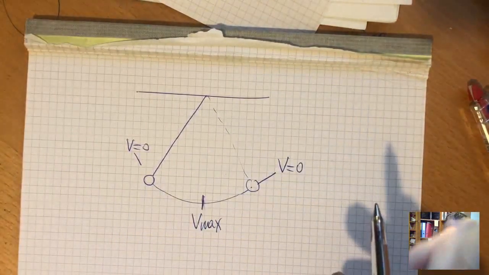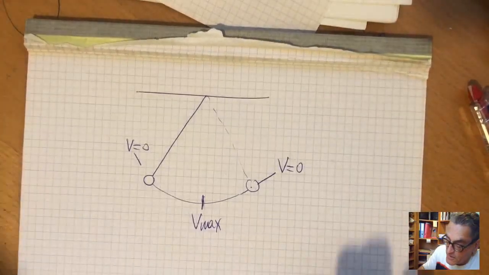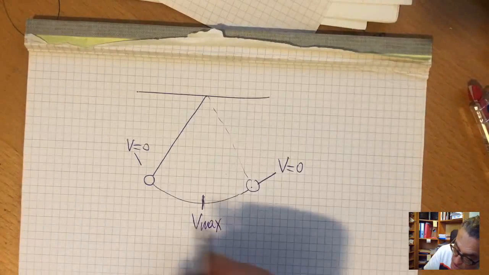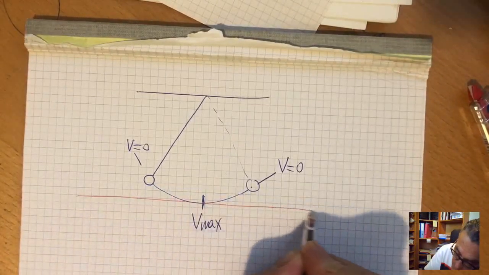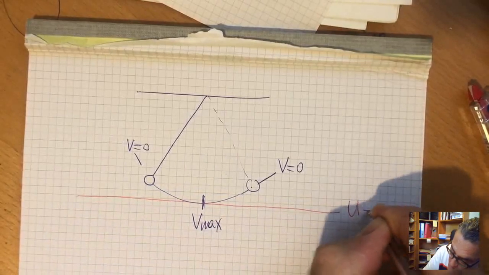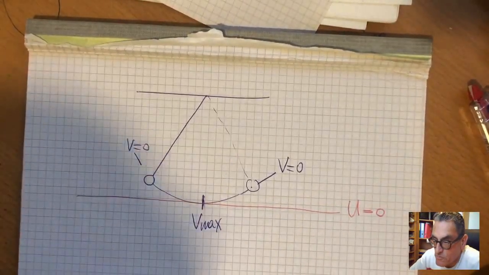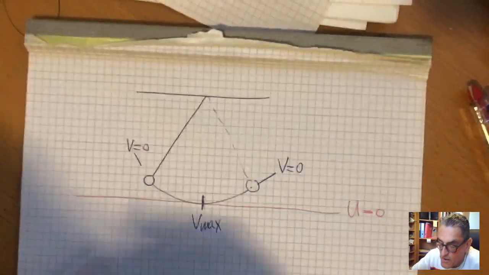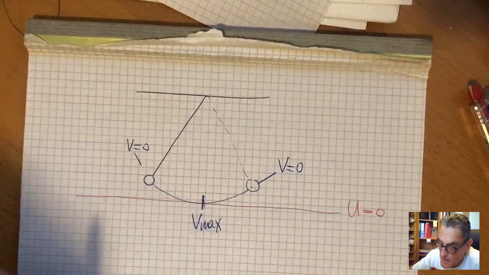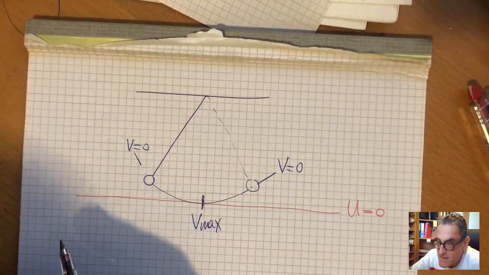So now, how can you observe the conservation of kinetic and potential energy? Well, take this level and say that this level corresponds to potential energy 0. You can define, as I told you, the 0 of potential energy wherever you want, so choose something that makes your problem easy to solve.